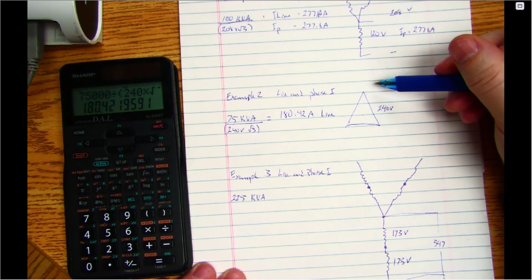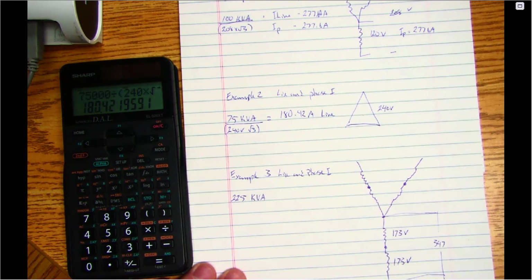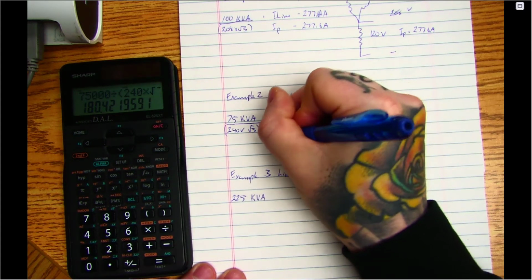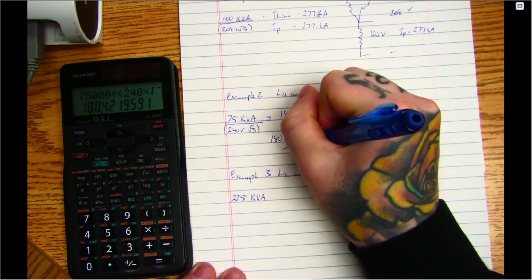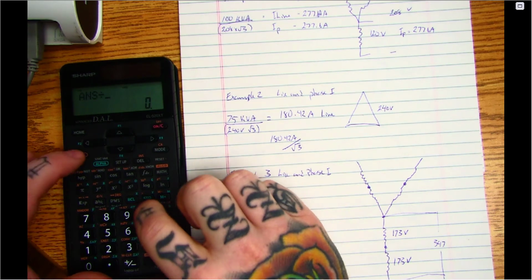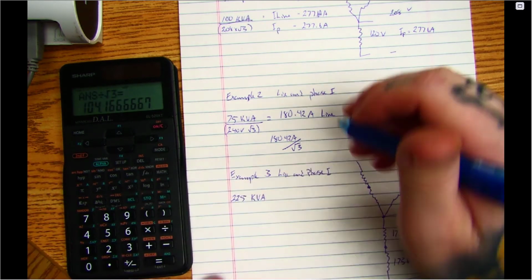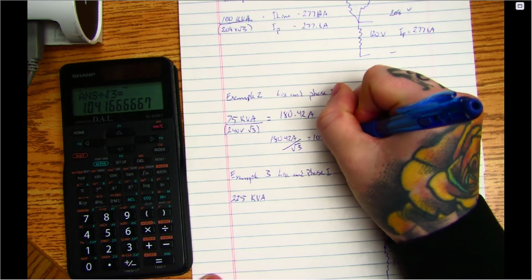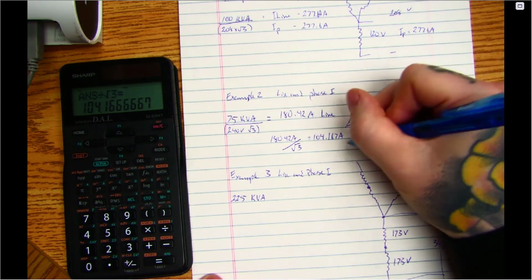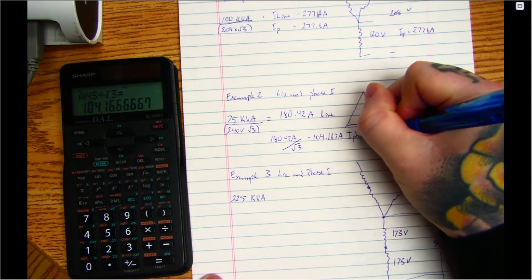Now, I know in delta there's a root 3 relationship between the line and phase. So if I take my 180.42 amps divided by root 3, I get 104.167 amps. So that's my phase current.